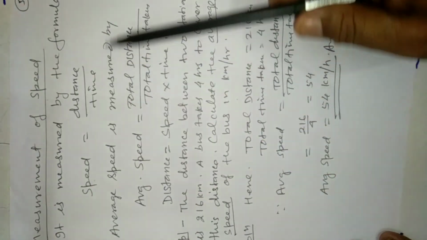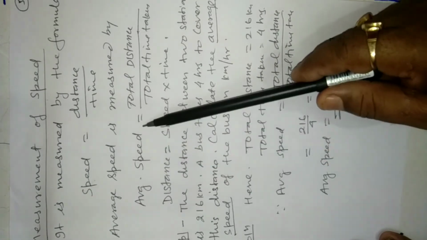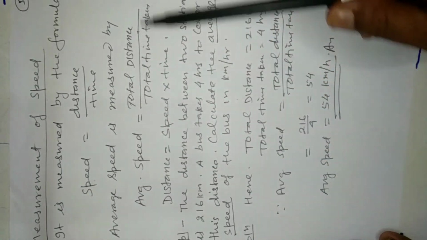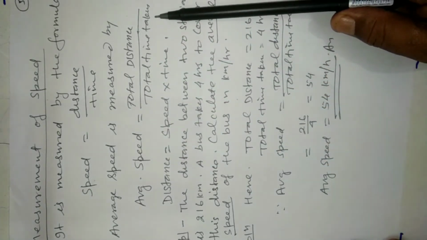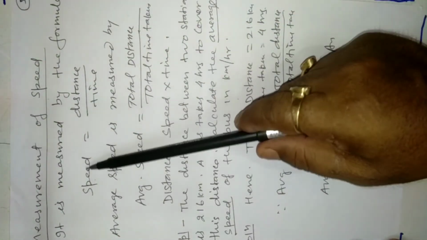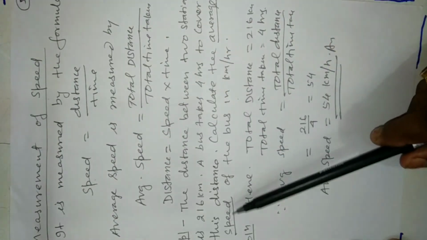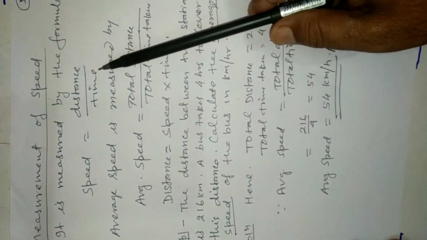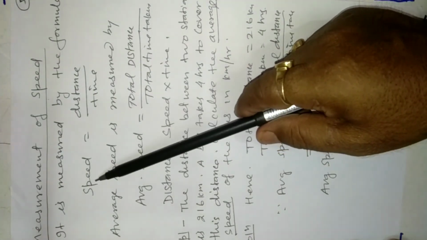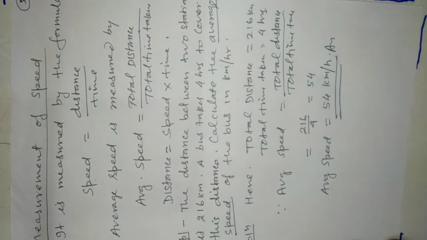The average speed is measured by the following formula: average speed is equal to total distance divided by total time taken. From here you can calculate distance is equal to speed into time. So if speed and time are given, you can calculate distance also. If distance and time are given, you can calculate speed also, and therefore this is the formula to measure the speed of the body.